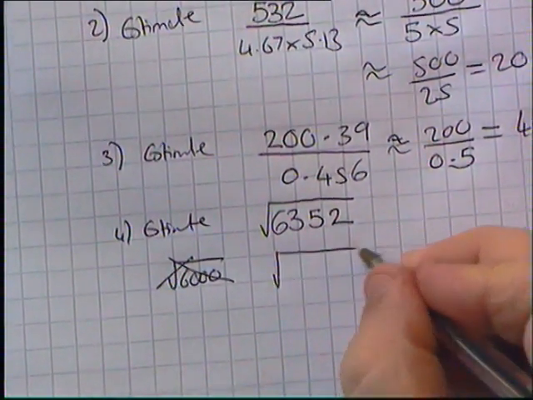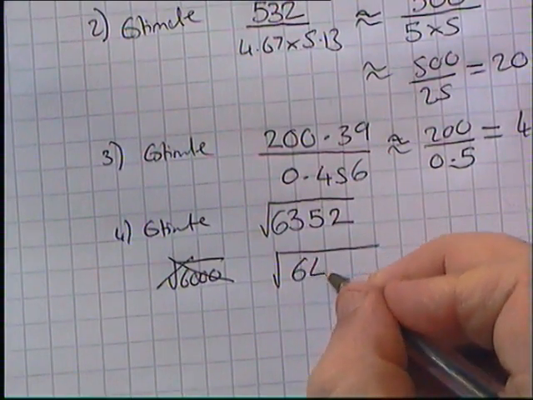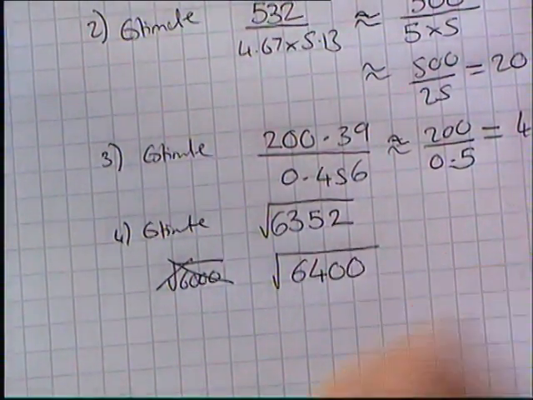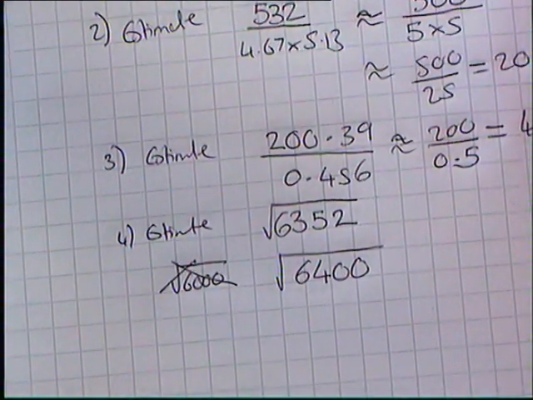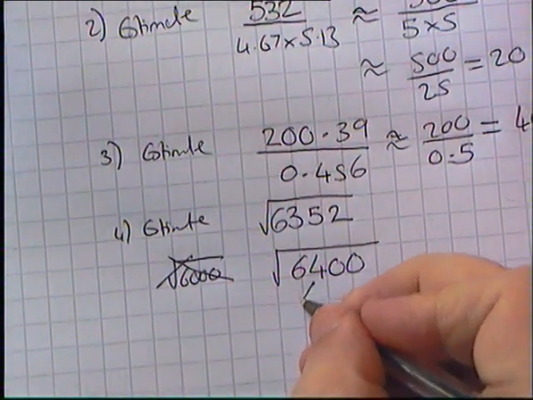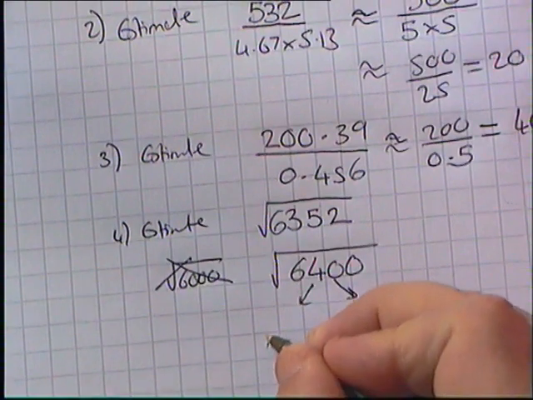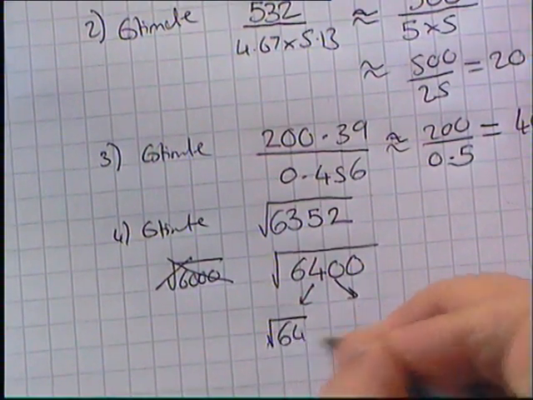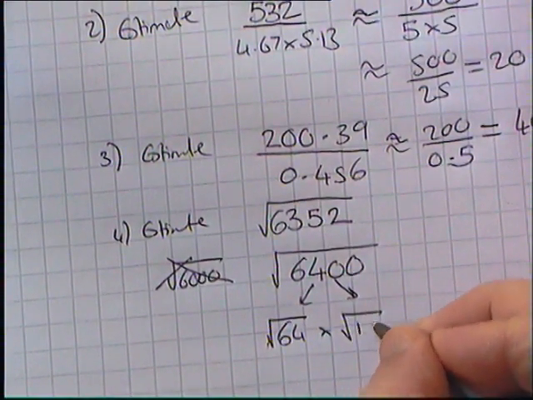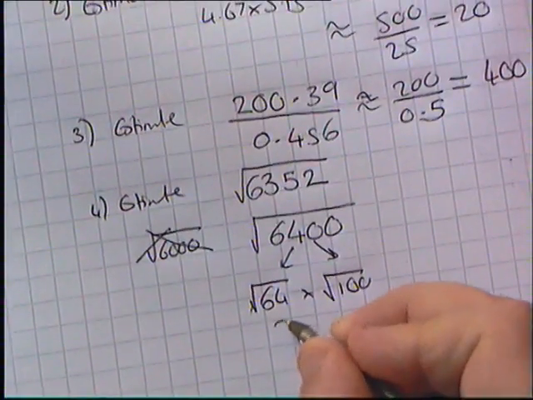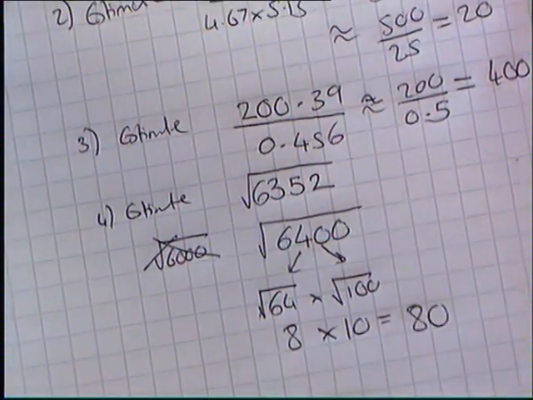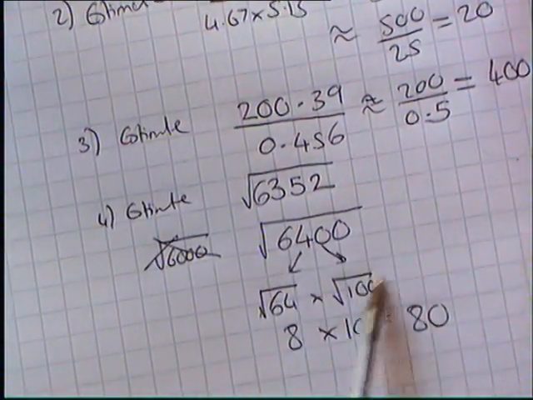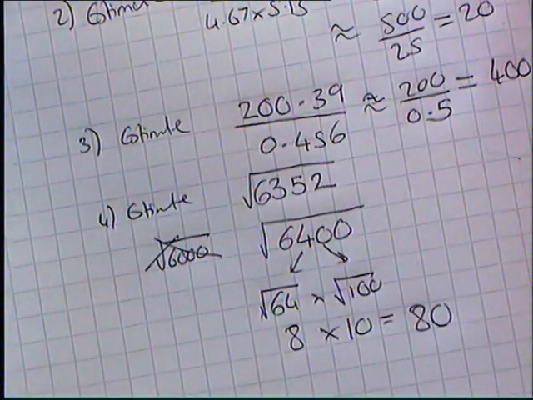So I'm going to round it to the square root of 6,400, because I know that 64 is a square number. Now I can split this up a little bit like some of you will do with surds into the square root of 64 times the square root of 100. So I know that turns out to be 8 times 10, which is about 80. So this is one of those where you had to round it to something a little bit more sensible.